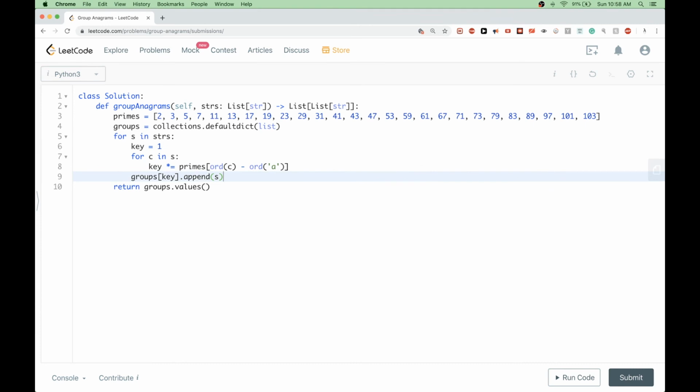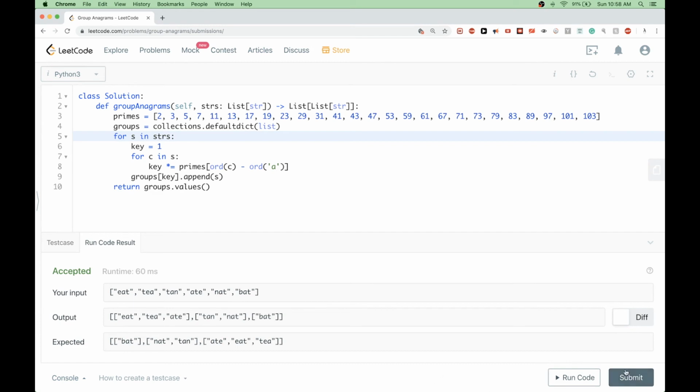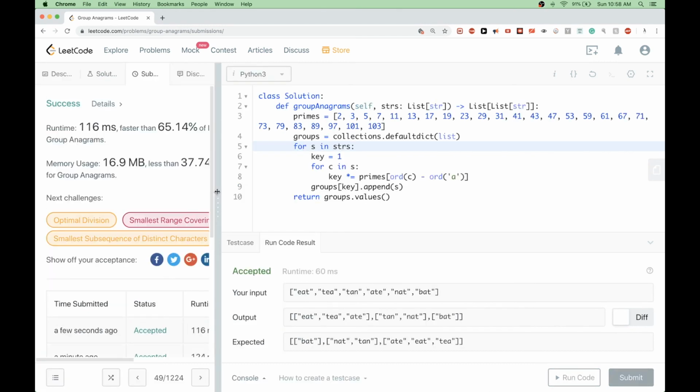And now we have the key like that, and we can just append, and this is a unique representation of each anagram again, and so we'll get all the values added into that key. Okay, so let's submit this solution, and that solution passes.